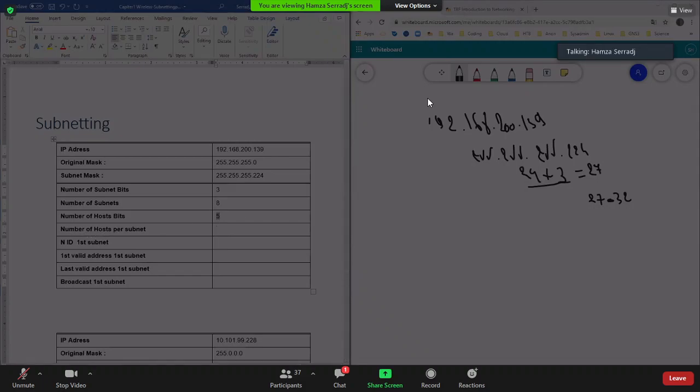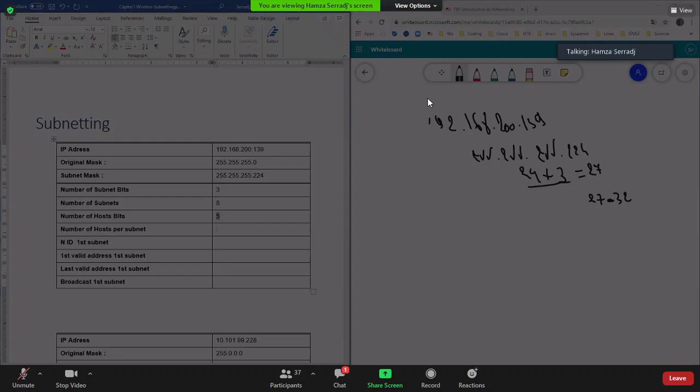Number of hosts per subnet. What is the formula for that? In each subnet, how many hosts can I have, valid addresses in each subnetwork? Formula for that. Good, Jagjit.